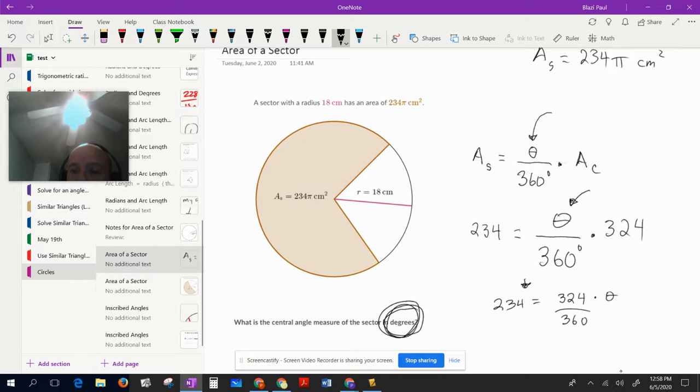Now, I can multiply by the reciprocal of any fraction, and it makes it equal 1. So I'm going to multiply both sides by the reciprocal of 324 over 360. And I'm going to get my answer here.